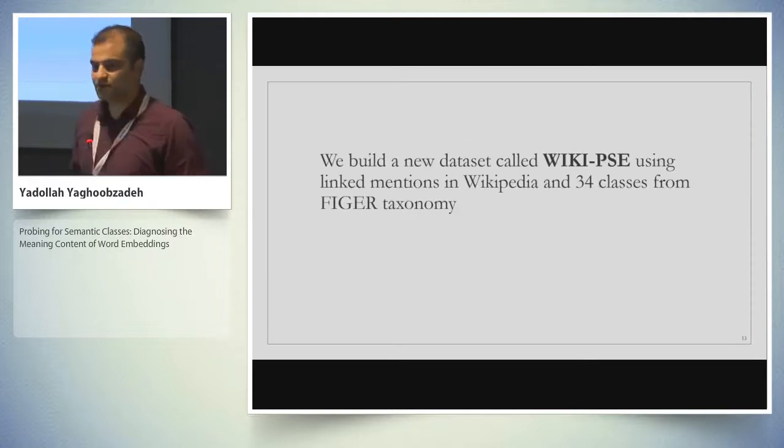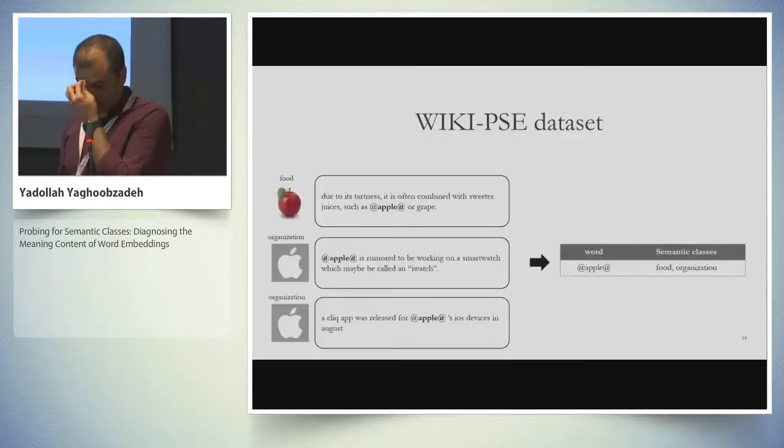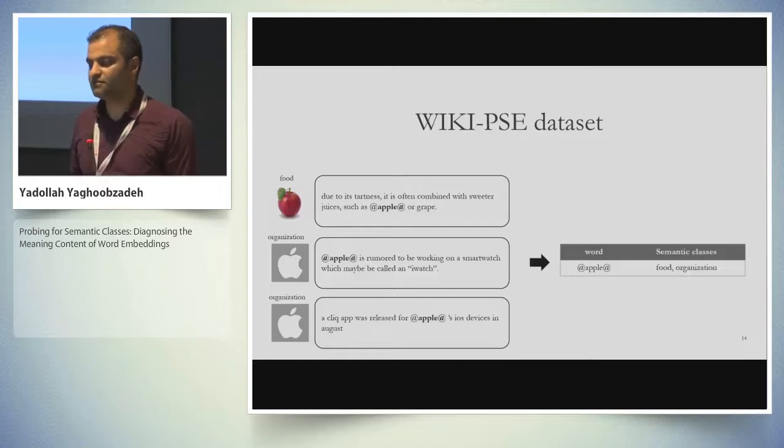To do our probing task, we build a resource based on Wikipedia. It's called WikiPSE, and we use the linked mentions in Wikipedia and 34 classes from the FIGER taxonomy. Here is an example to show how we build the data set. In the first context, we have a linked mention of Apple that links to the Wikipedia page of Apple as the fruit apple.